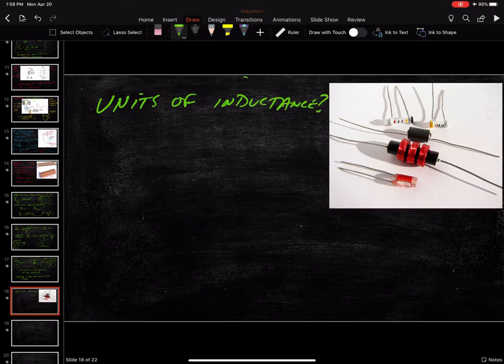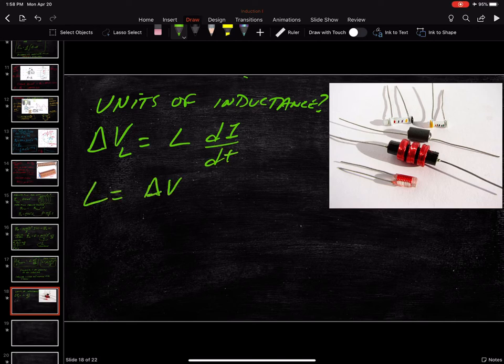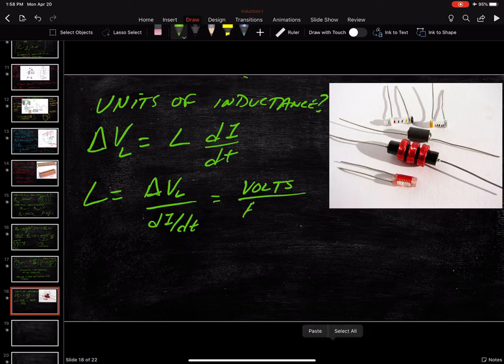Okay. Well, since delta V through your inductor, just the magnitude of it, is equal to L times di/dt, then L has units of delta V_L over di/dt, which is volts per amp per second, or volt seconds squared per coulomb, or something weird.